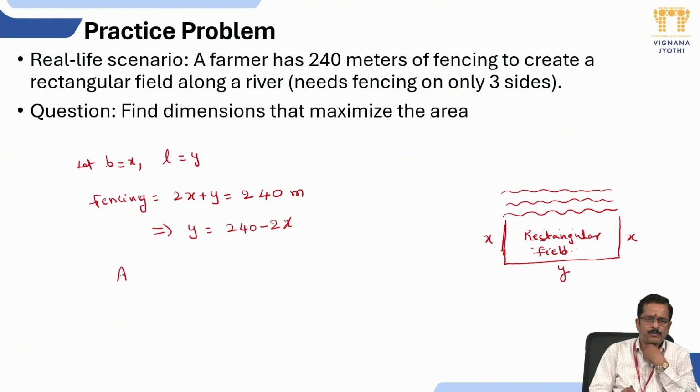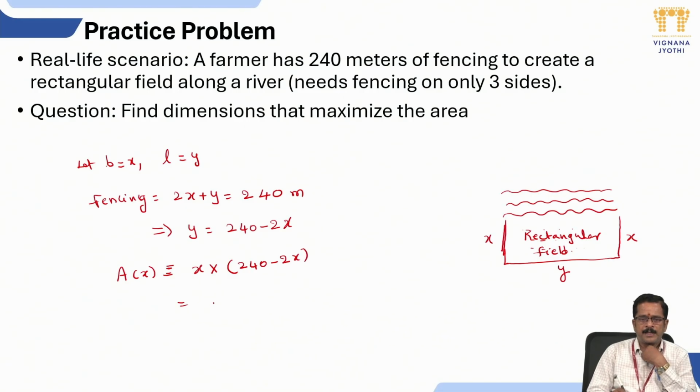Now, what is the maximum area, and what dimensions must the field have to attain it? For that, define the area. Area means length into breadth, with y defined in terms of x as 240 minus 2x.